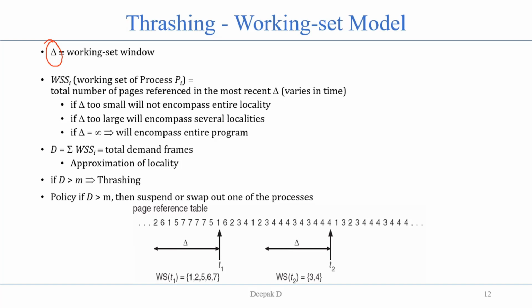In this diagram, you can see a sequence of memory references. Assume that the delta, that is the working set window, is 10 memory references. Then for working set time t1, you can see page numbers 1, 2, 5, 6, 7.